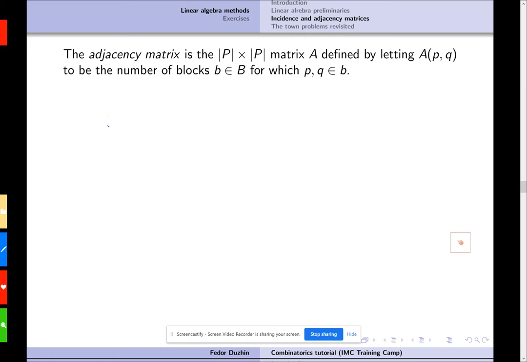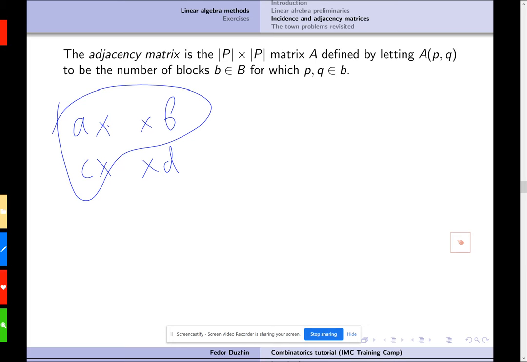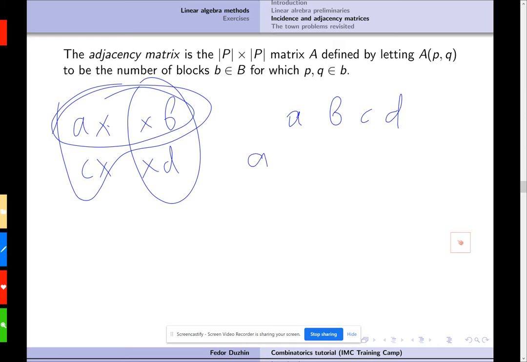All right, so if we have something like this, say 4 points, A, B, C, and D. And then let's say we have the first block, the second block, and the third block. Then the adjacency matrix is indexed by A, B, C, and D, A, B, C, and D, right?